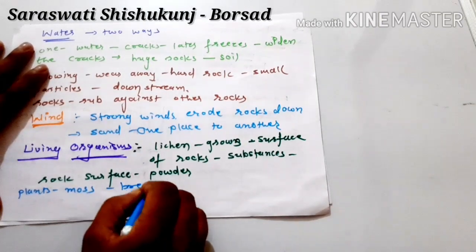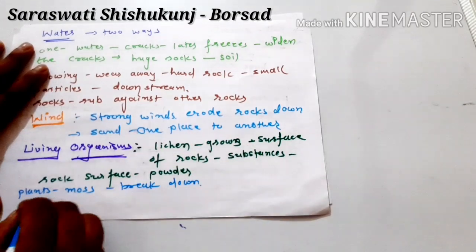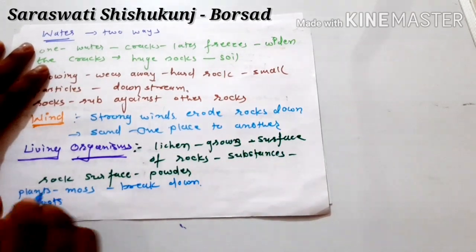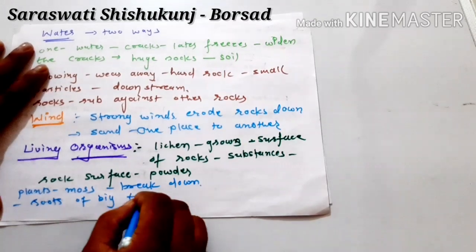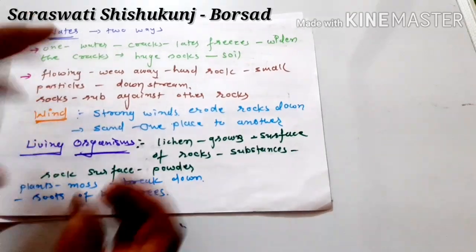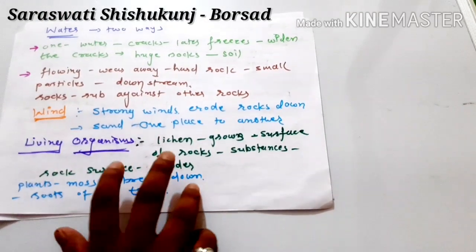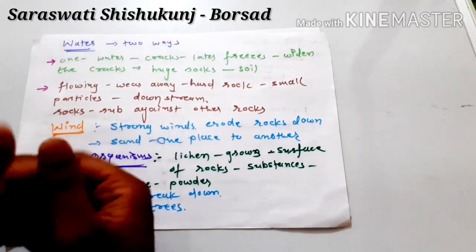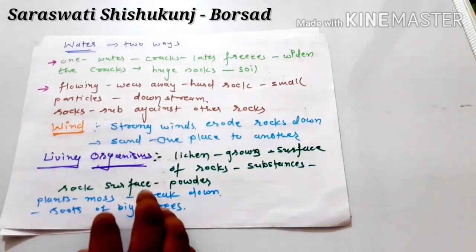So these mosses are able to break down rock, right? Sometimes roots of big trees are also responsible, right, for widening the cracks of the rock and breaking it down. So again, living organisms are also responsible for the formation of soil.